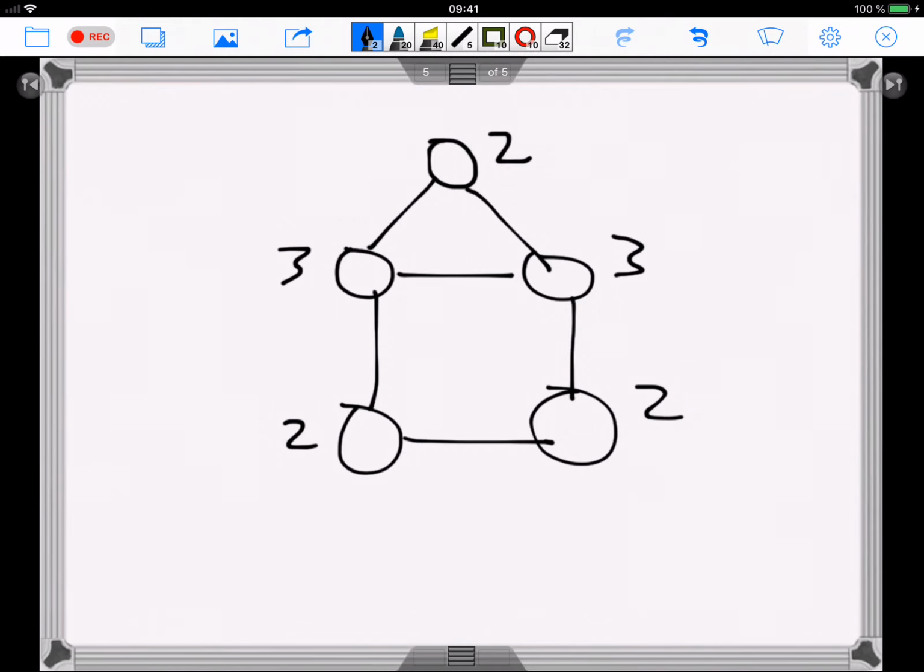Okay, so in order to solve this case, I need to add a fake edge between the two vertices of odd degree, and now the degree of these vertices becomes even. It is increased in 1 unit and becomes even.